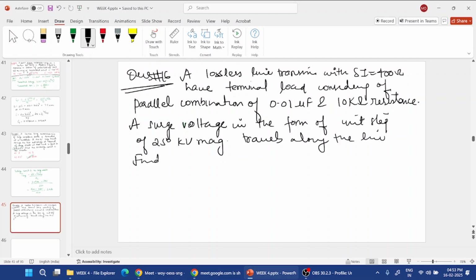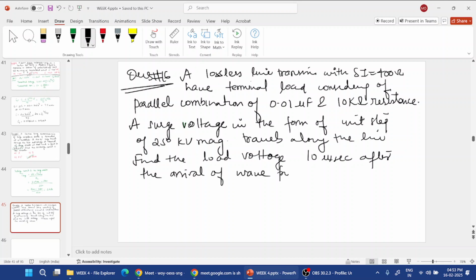Find the load voltage 10 microseconds after the arrival of the wave front of the surge. Okay, so what is given here?